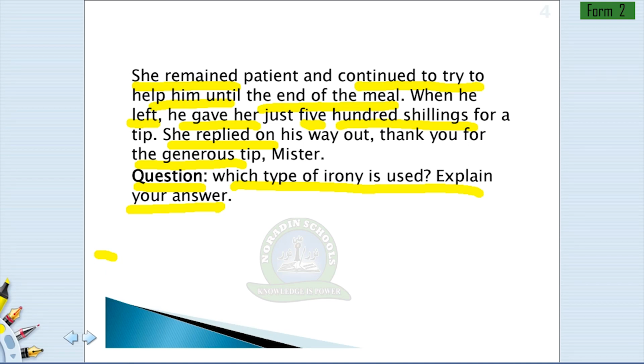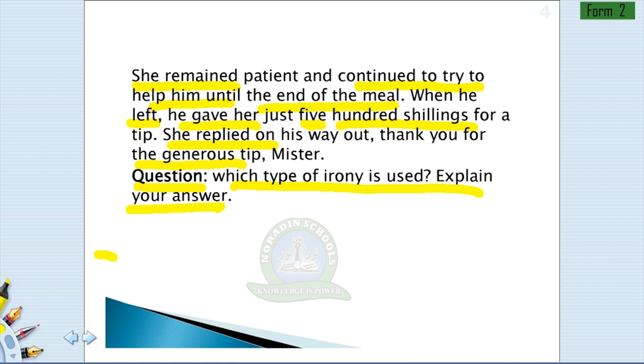Okay, class, I hope you processed this answer. Can you guess what type of irony it is? Yes, she was serving in the best way, but he was complaining again and again, and finally he left.